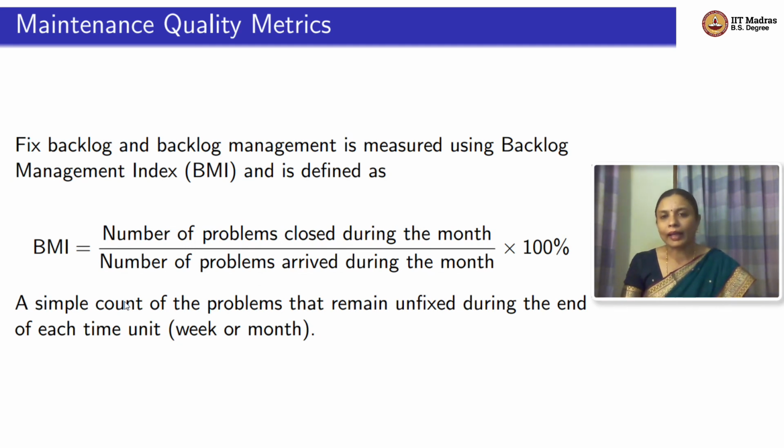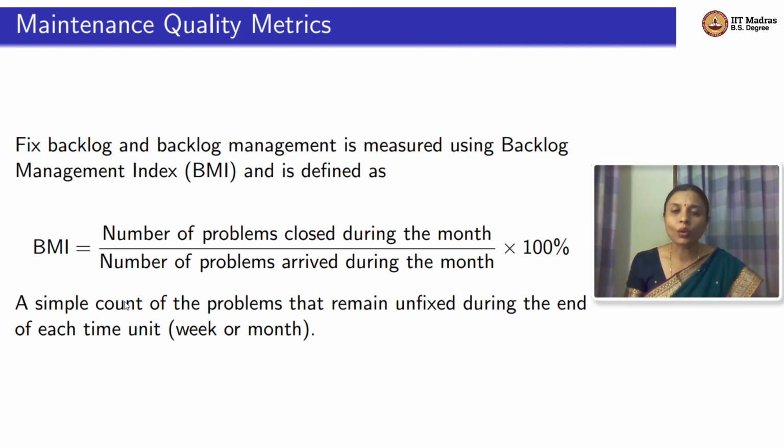Fixed backlog and backlog management is measured using a term called Backlog Management Index, BMI. We do have BMIs in testing and quality also. BMI is defined as the ratio of the number of problems that were closed during the month to the number of problems that were found or that came up during that month.